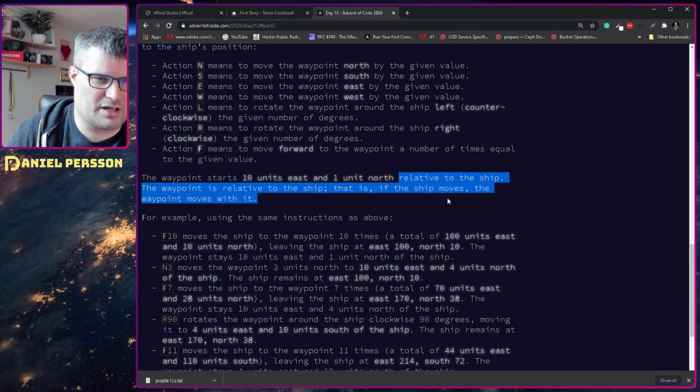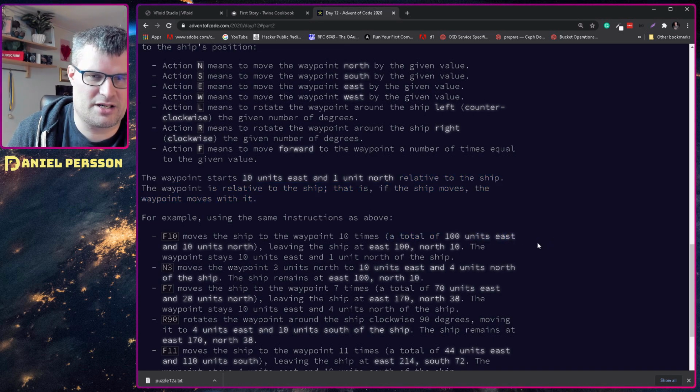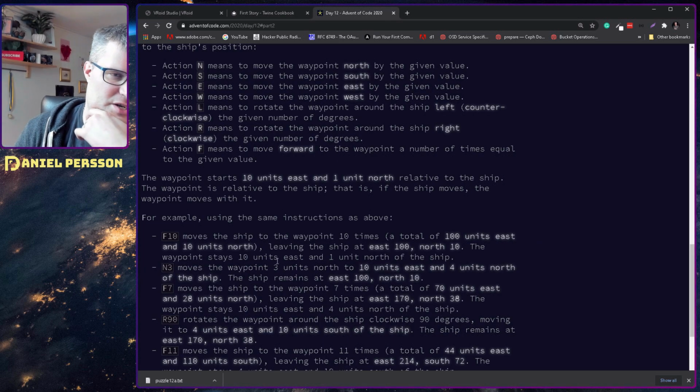For example, giving the instructions above, F10 moves the ship to the waypoint 10 times, a total of 100 units east and 10 units north, leaving the ship at east 100 and north 10. The waypoint stays 10 units east and 1 unit north of the ship.